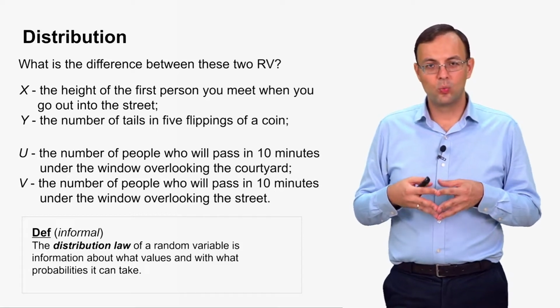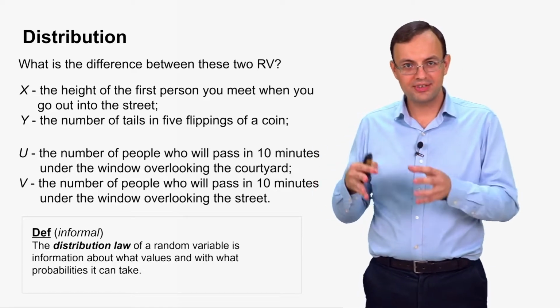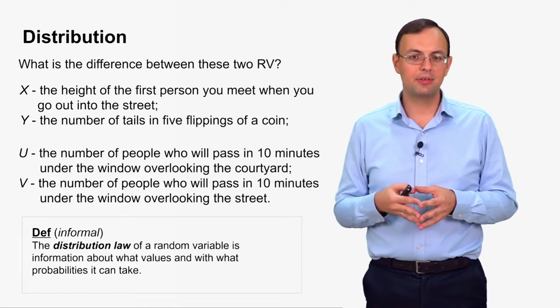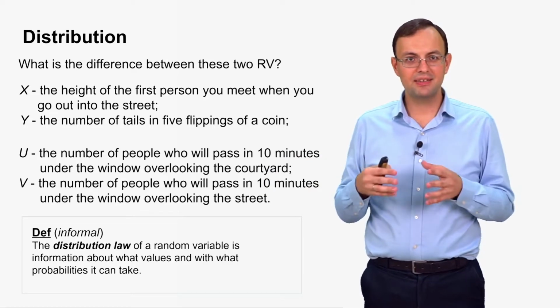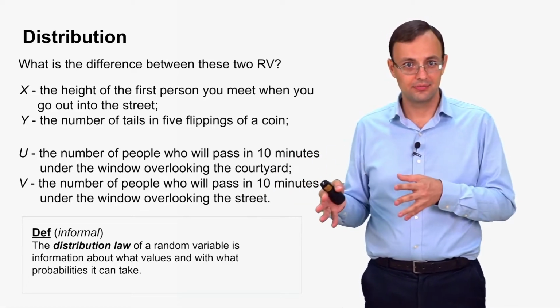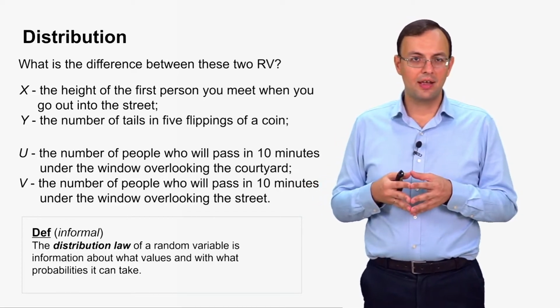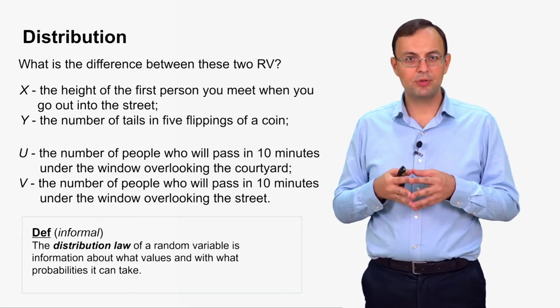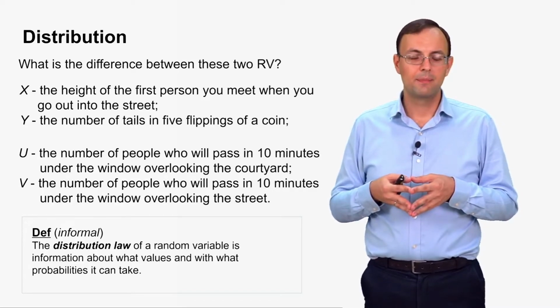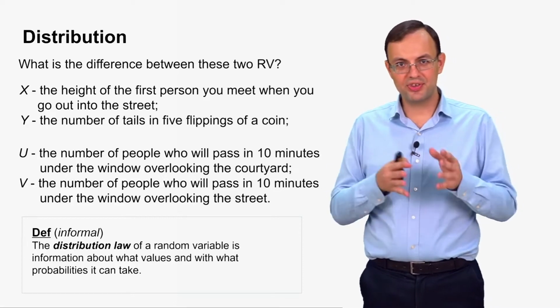So when we say that we know the distribution of this random variable, that means that we know what values with what probabilities it can take. When we say that these two random variables have the same distribution, have equal distributions, that means that they can take the same values with the same probabilities.